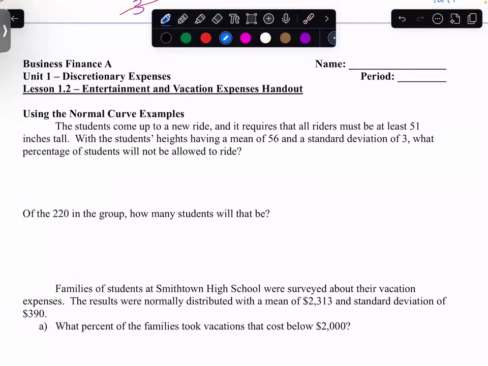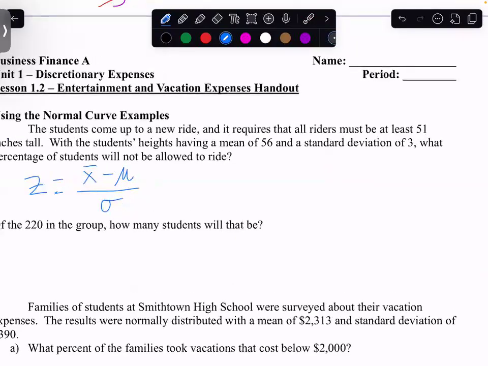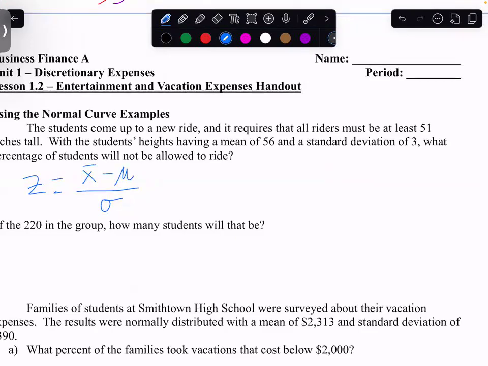Same formula. The z-score equals, in the numerator, x bar minus mu, all over sigma. This time the height we care about is 51, so that's our x bar. The mean is still 56, so that's still mu.